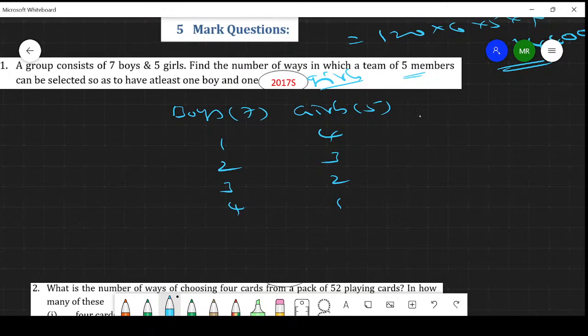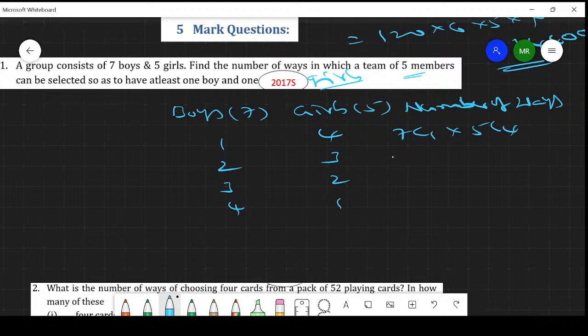Now I can write the required number of ways for the selection you have done. In each case I write only the number of ways. Out of 7 boys, 1 boy means 7C1 into girls 5C4.